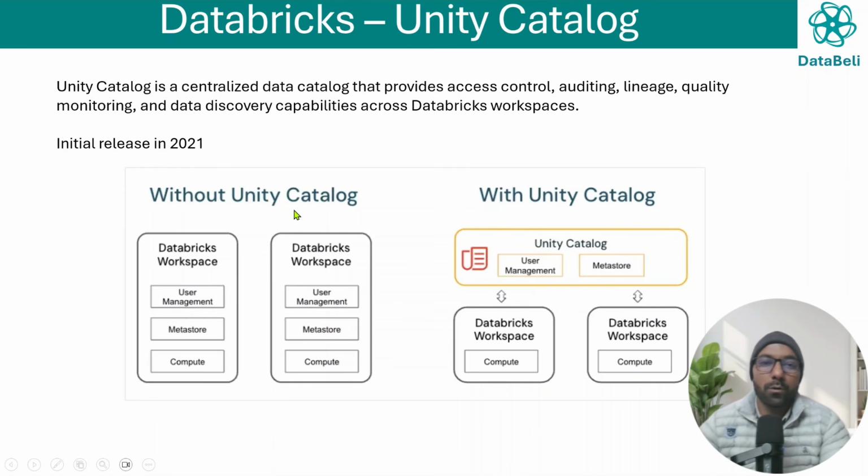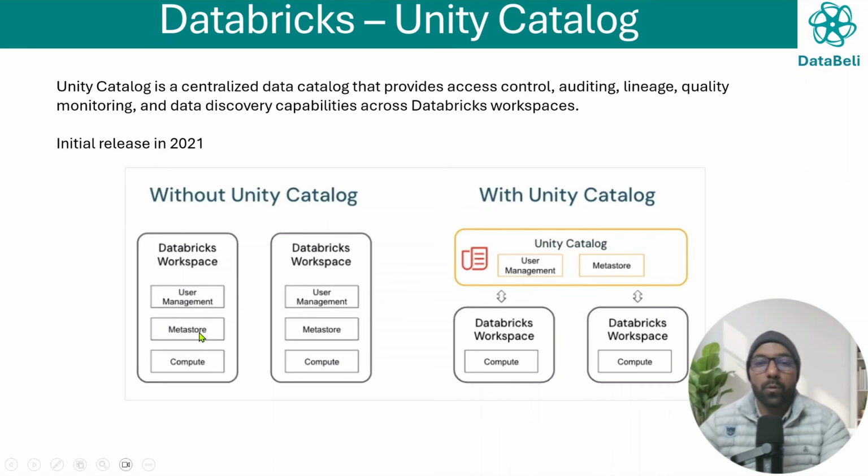Before Unity Catalog was there, for each of the Databricks workspaces, let's say there is a dev workspace, prod workspace, and others as well for a given company, we had to manage the users separately. What users are there, what are user groups, which access is provided. All those we had to maintain separately for each and every workspace.